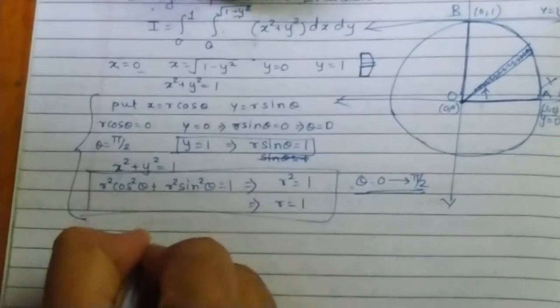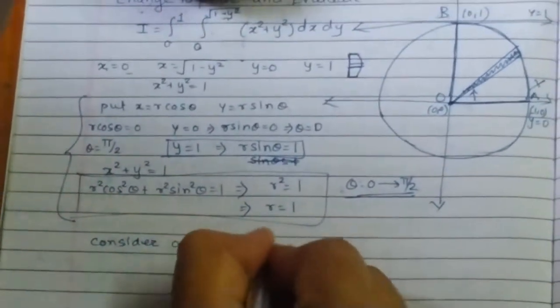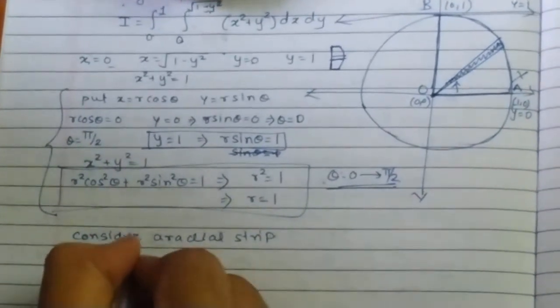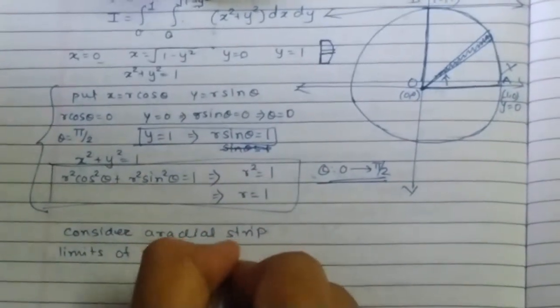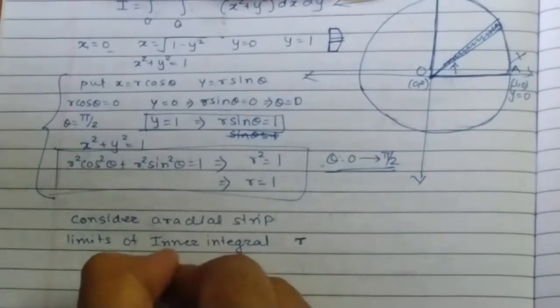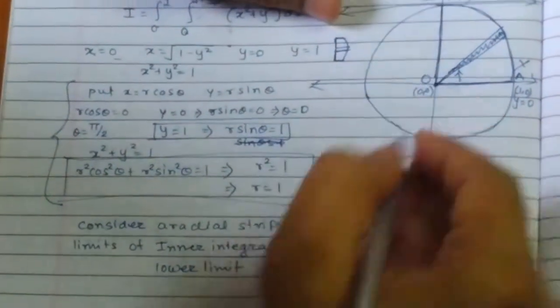Consider a radial strip. Therefore, limits of the inner integral. First one is the lower limit. Where does the lower end of the strip lie? At the origin.